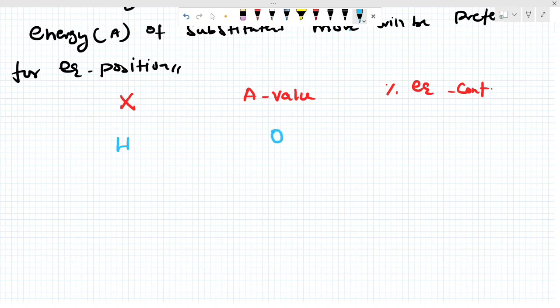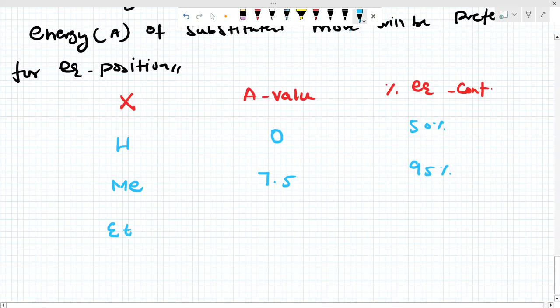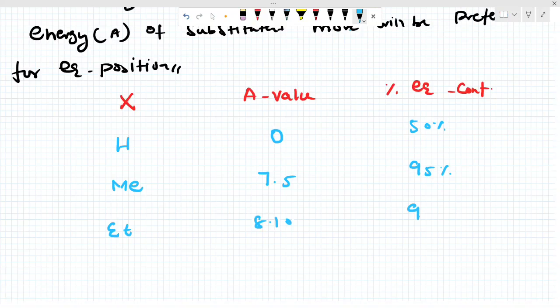Therefore, there is a 50% chance of occupying the equatorial position. Methyl group: what is the A value? 7.5, therefore 95%. Then ethyl group: the A value is 8.10, therefore 96%.